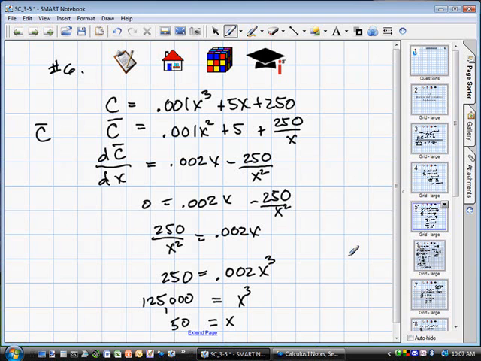Anybody? Ben? Yeah, let me start with that one. That is denominator times derivative of numerator. Well, the derivative of the numerator is 0, so that's gone. Minus numerator times derivative of denominator.